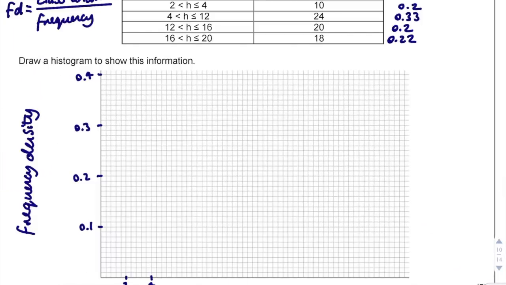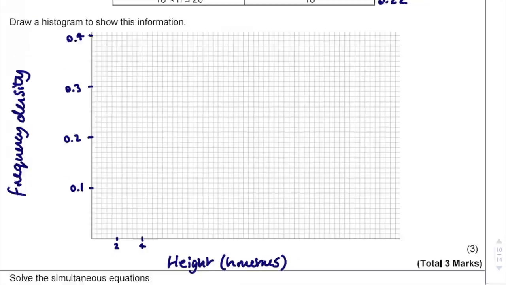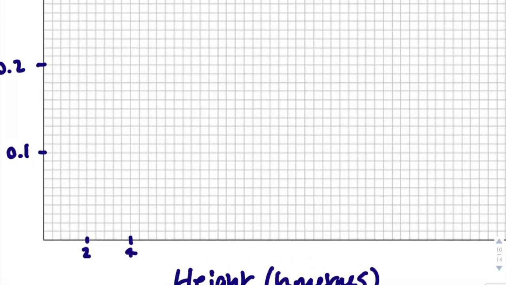So we're actually going a distance of 8 meters rather than 2 meters. So if every 2 meters is 5, then for every 8 meters it's going to be 4 times that amount. So we're going to go across 20 squares. So that is 12.